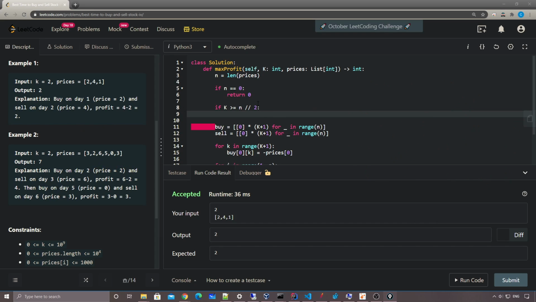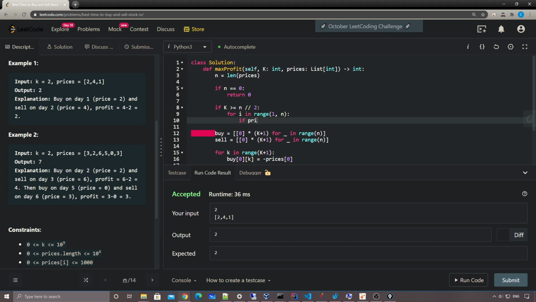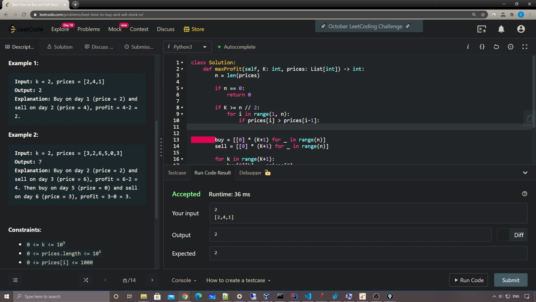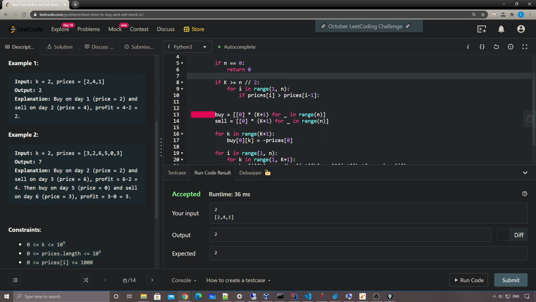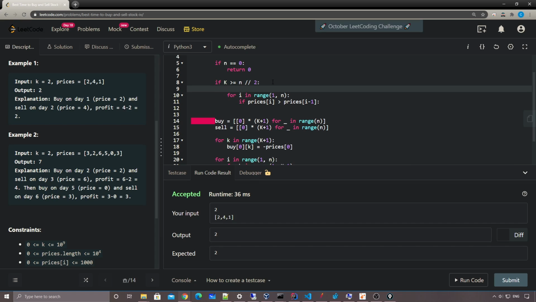Okay, so which means that, I'm starting for i in range 1 to n, right? If the prices[i] is greater than prices[i-1], okay, then we have an answer here.